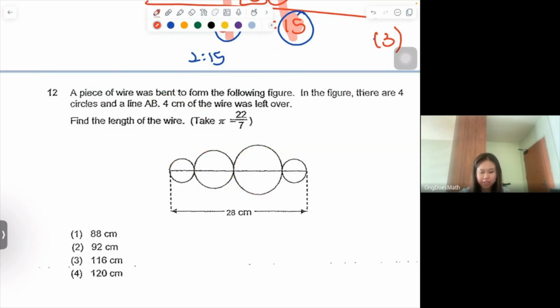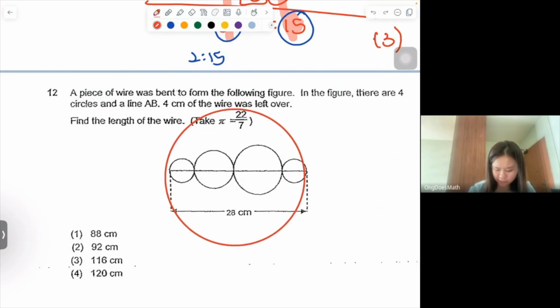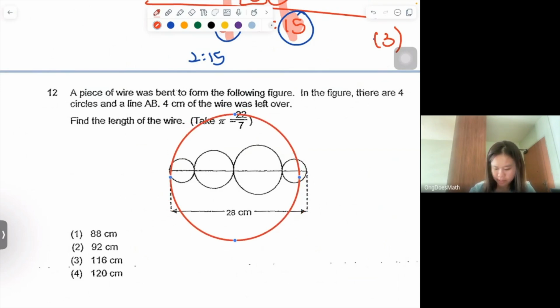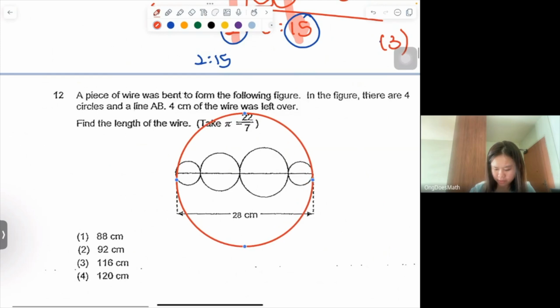Okay, so this question is a bit tricky because you have 4 circles and you have to try to find the circumference of it. So this is the circumference, right? For this question, you must understand that the circumference of all these 4 circles added up is equivalent to this one big circle, where the diameter is equivalent to the diameter of the 4 smaller circles added up.